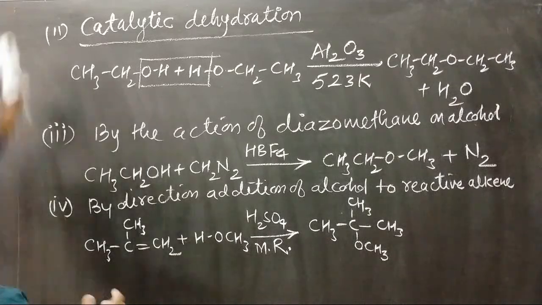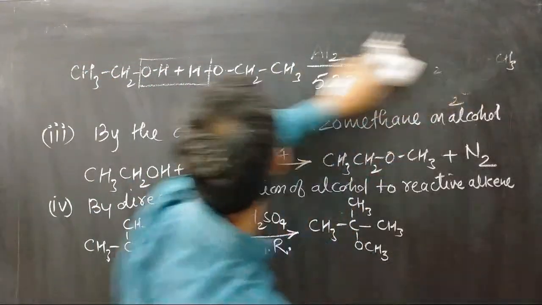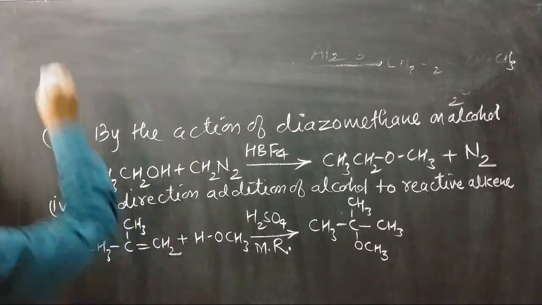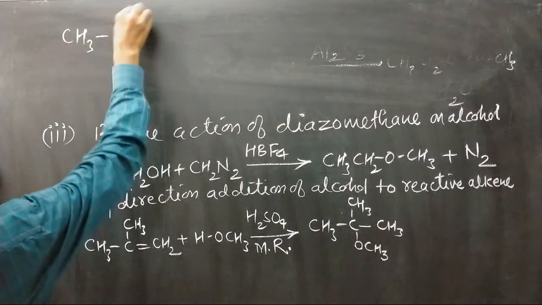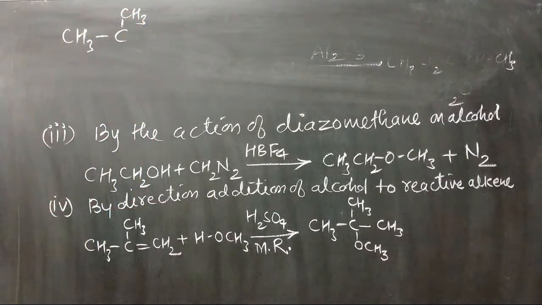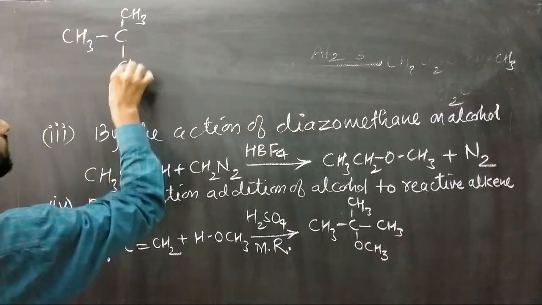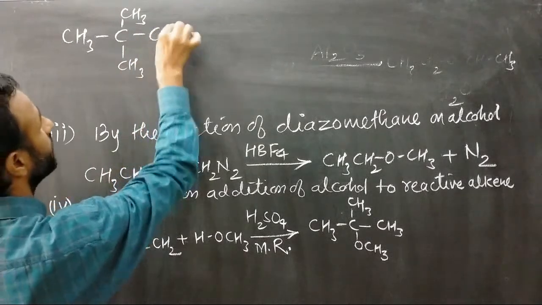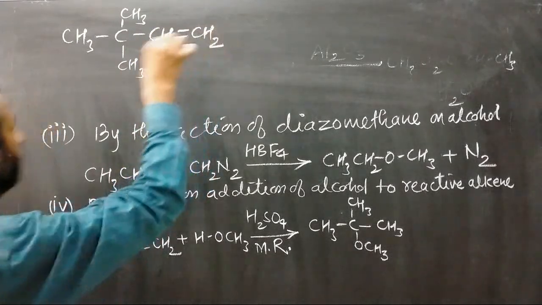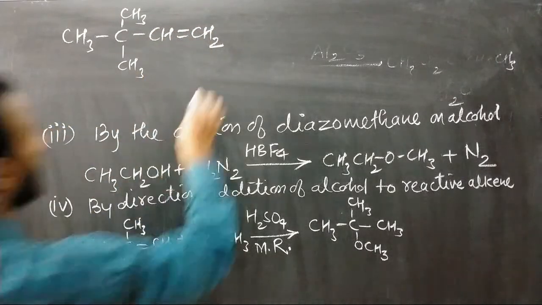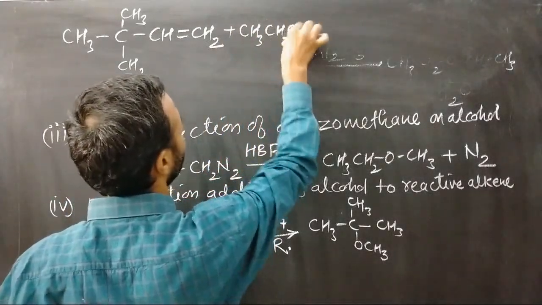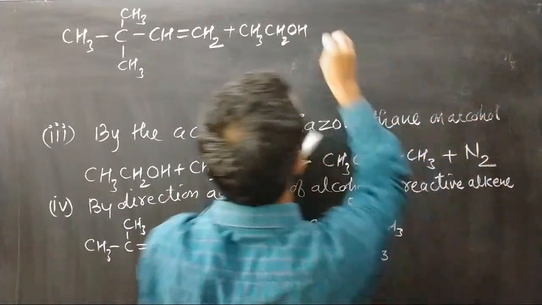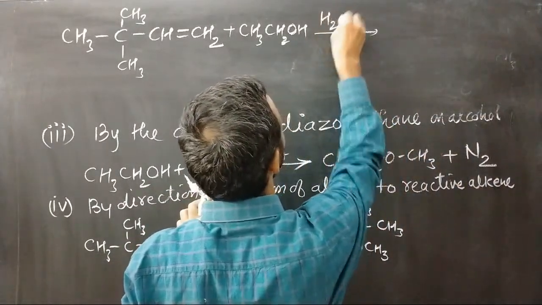We have (CH3)3C-CH=CH2 and ethanol in the presence of H2SO4.